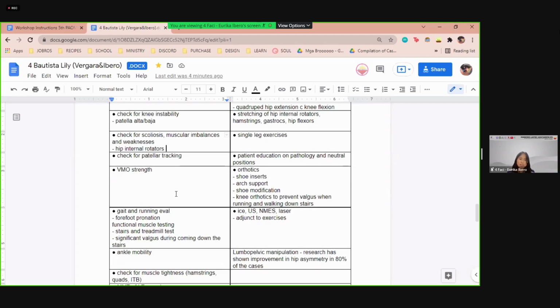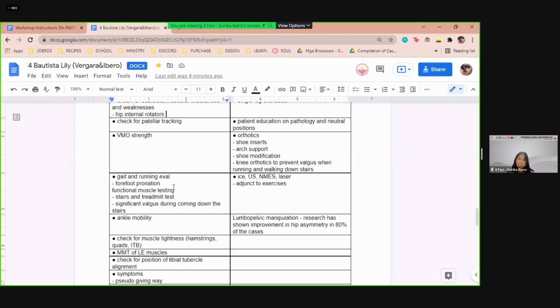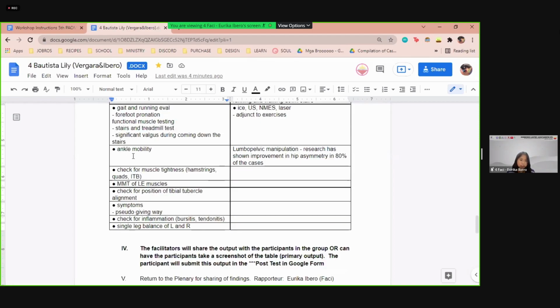Also, we have to check for patellar tracking, VMO strength, and of course, we evaluate the gait and running, particularly forefoot pronation again. Also, we check for functional muscle testing, particularly through stairs and treadmill tests.